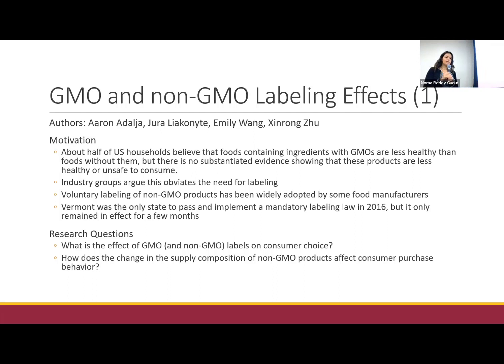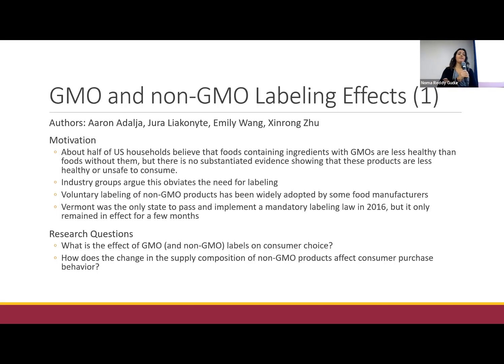So this first one is written by some colleagues at Cornell and UMass Amherst. The major motivation behind this paper was looking at the question of genetically modified organisms. There's been considerable debate around, and apprehension by, households to purchase foods that have been disclosed as being GM.